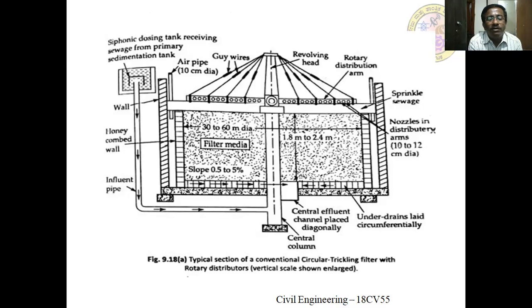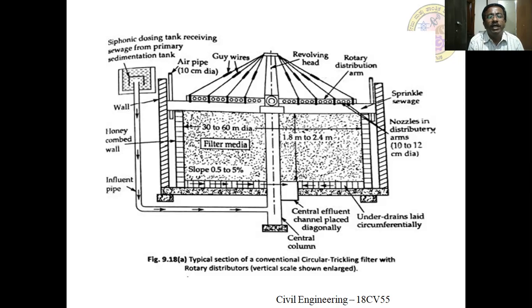So this is the cross section of the typical filter media or trickling filter. Earlier, what I explained was the top view; this one is the cross-sectional view. You see the influent pipe and the central effluent column, through which the wastewater reaches the top surface.